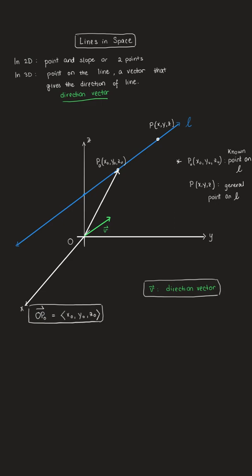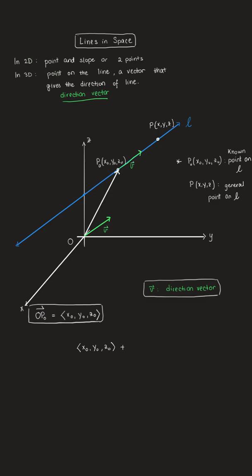We're going to take our vector OP0, so x0, y0, and z0, and to that I'm going to add v. So I'm going to move our direction vector v onto the line. There it is. There's v.